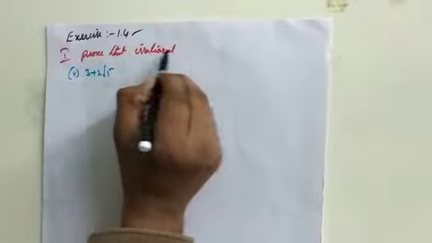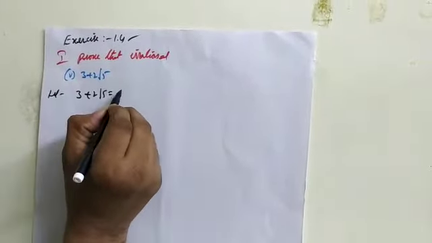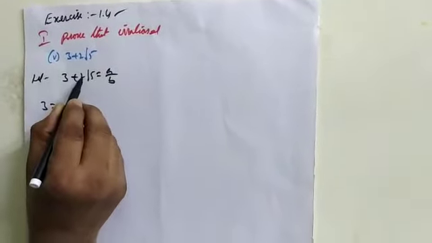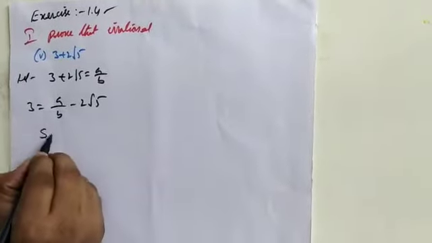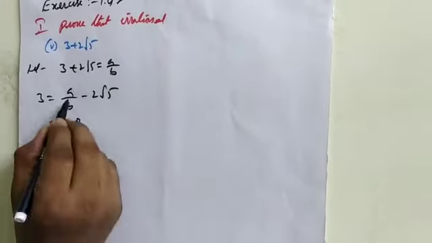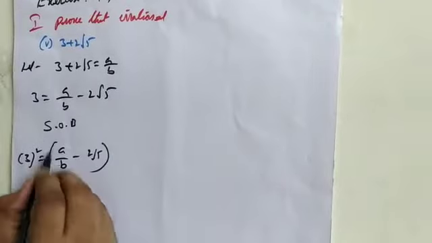This is exercise 1.4. Prove that 3 plus 2 root 5 is an irrational number. For example, let us take that 3 plus 2 root 5 is equal to a rational number a by b. The 2 root 5 transfers to the left side, and the sign will be changed, like squaring on both sides. Therefore 3 square is equal to a by b minus 2 root 5 whole square.